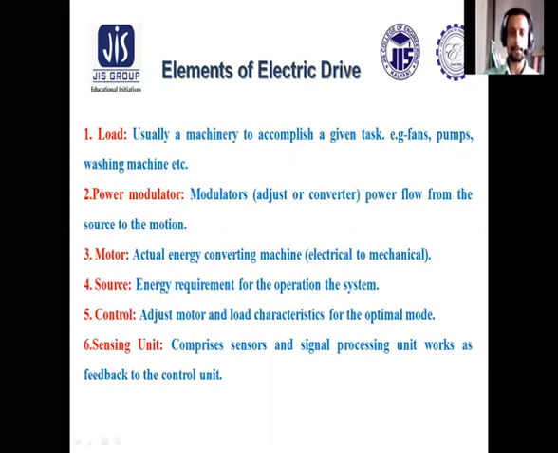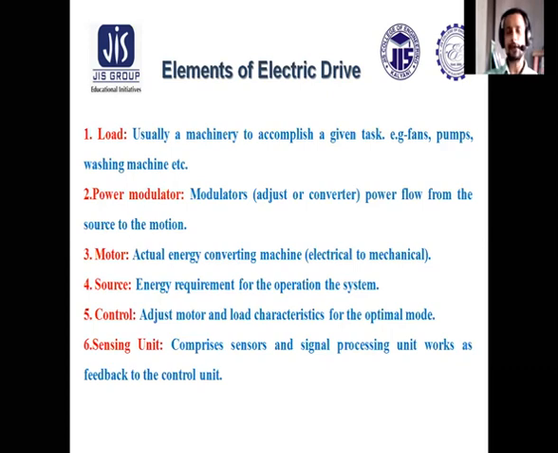Okay. Now, what is a power modulator? This is a very important part. The power modulator adjusts or converts the power flow from the source to the motor. Now, this power modulator not only sends controlled power to the motor, it also does the conversion operation.